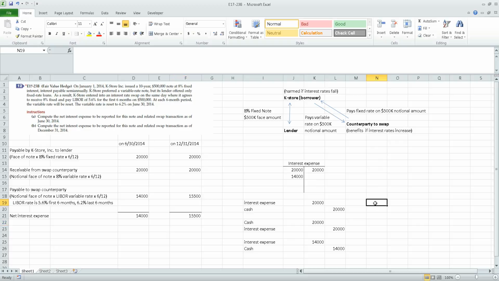So if we go over here and do the journal entries again, our first journal entry, the one that we made at 6/30, is going to be exactly the same. So I've got the JE at 6/30/2014.